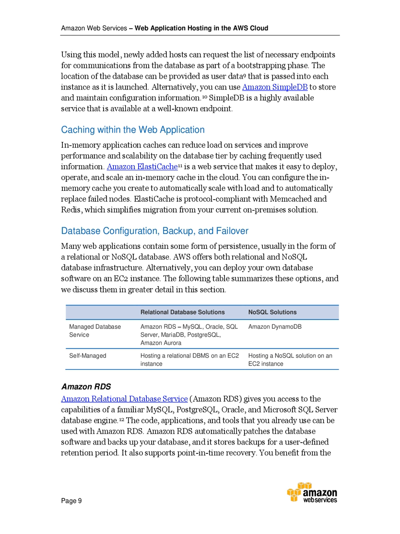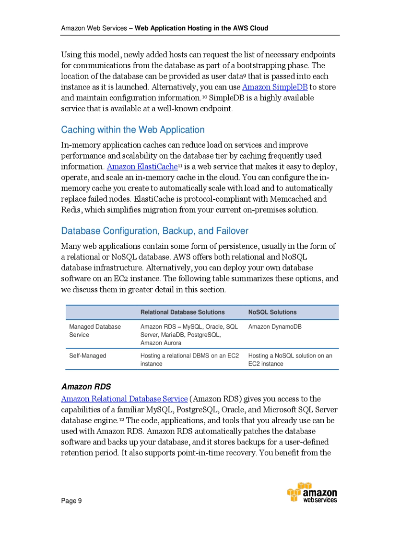Database configuration, backup, and failover. Many web applications contain some form of persistence, usually in the form of a relational or NoSQL database. AWS offers both relational and NoSQL database infrastructure. Alternatively, you can deploy your own database software on an EC2 instance. The following table summarizes these options, and we discuss them in greater detail in this section.